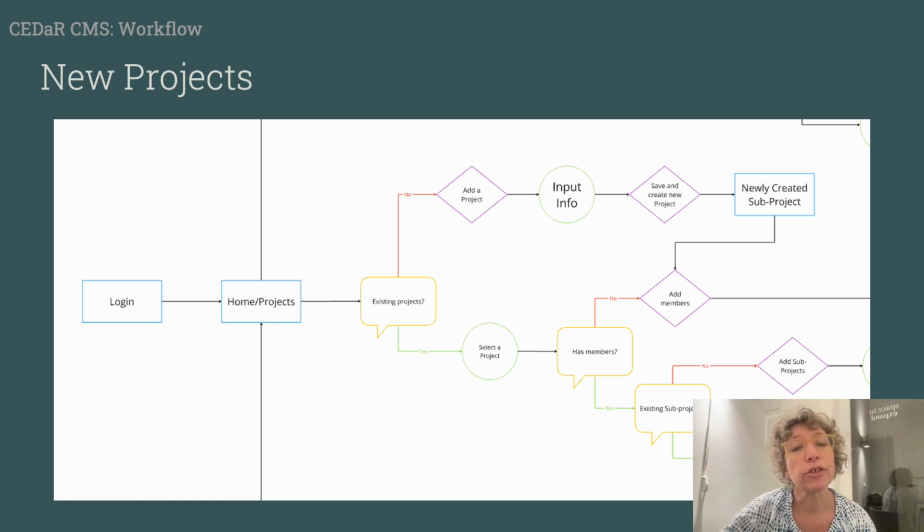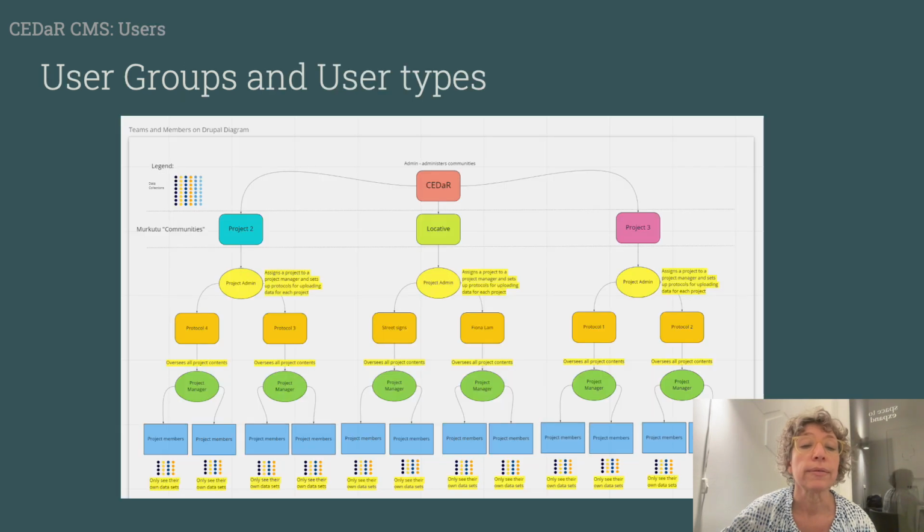This flowchart shows how a project gets created and how user access is determined. And this shows the Drupal workspace structure, which allows you to have multiple user groups attached to different projects, and different kinds of users with different permissions.